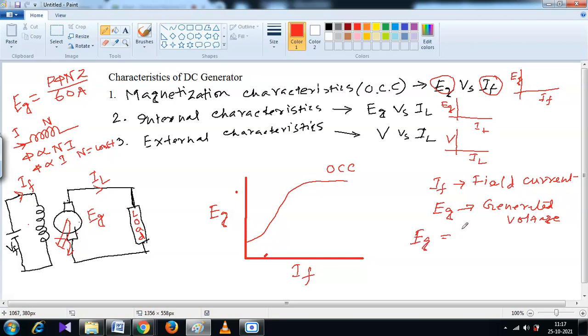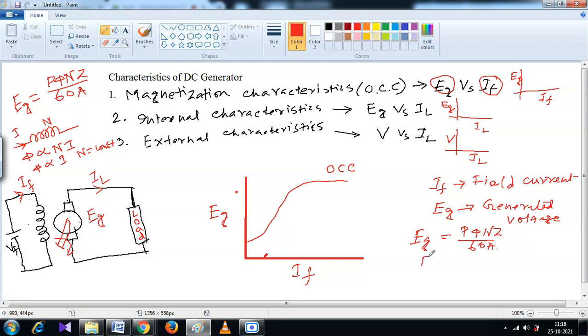Eg is equal to P phi N Z by 60. Suppose a machine is designed, already you have designed it, then the number of poles is constant, the total number of conductors is also constant, and the number of parallel paths is also constant.